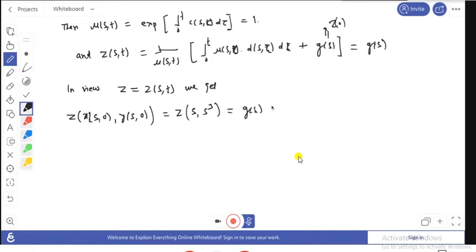Okay, and from initial condition, this Z of s equals to basically x cube. Okay, so g of s is x cube here. Okay, so this implies Z of s,t. This is x cube here.